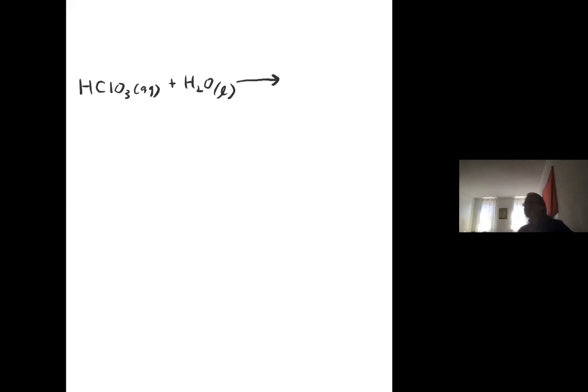One, it's less dense as a solid than it is as a liquid. That's weird. Most compounds, when they solidify, are more dense. But water, because of its crystal structure as ice, and there are different forms of ice actually, is less dense as a solid. Ice is less dense, so it floats.